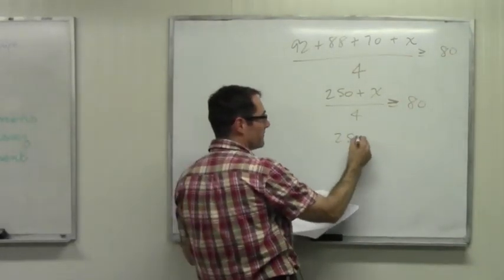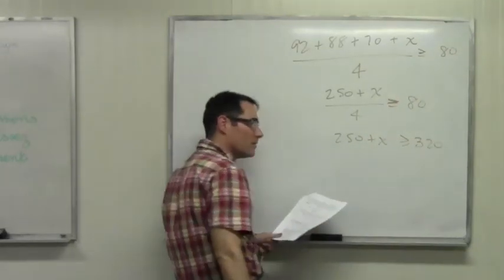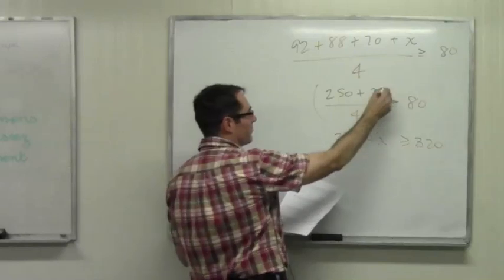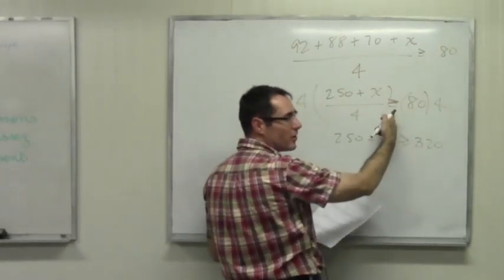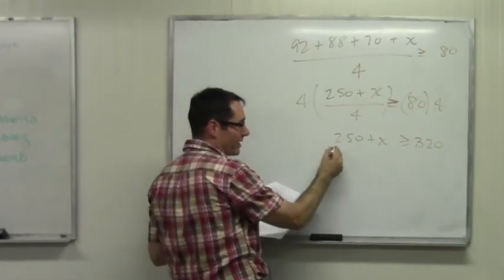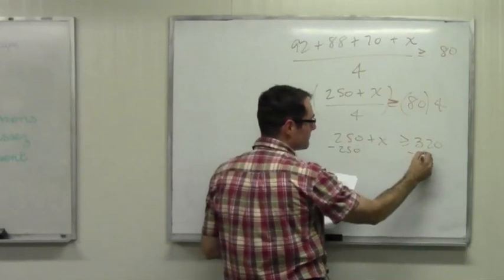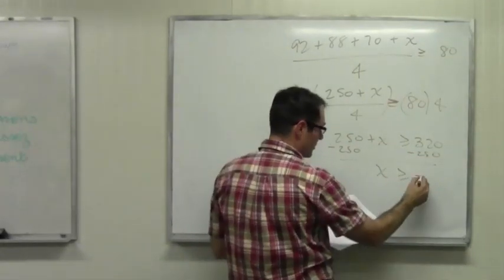You get 250 plus x is greater than or equal to 320, because I multiplied by 4. Do I need to flip this? No, because it's not multiplying by negative 4. And then subtract 250 from both sides, and you get x is greater than or equal to 70.